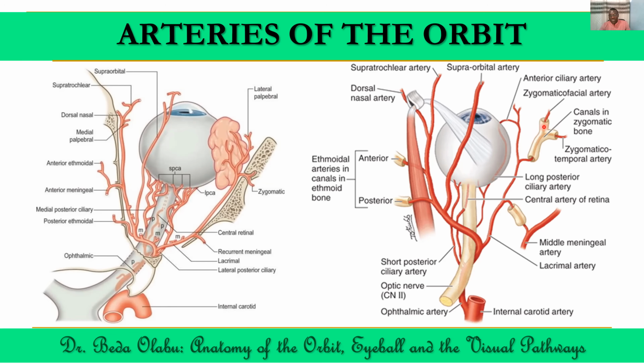Some anastomosis with arteries which are branches of the maxillary artery, you can see there. So there are several anastomoses. That means that through the ophthalmic artery, we have extracranial arteries and intracranial arteries anastomosing. In other words, the branches of the external carotid and the branches of the internal carotid anastomose through this region.